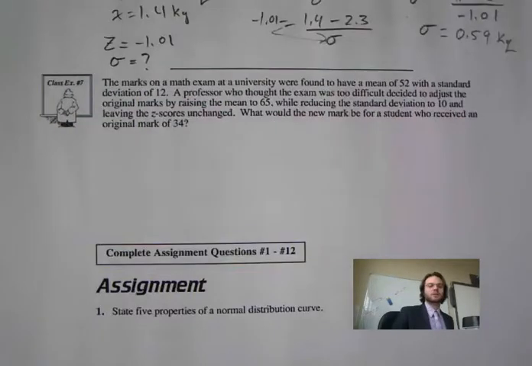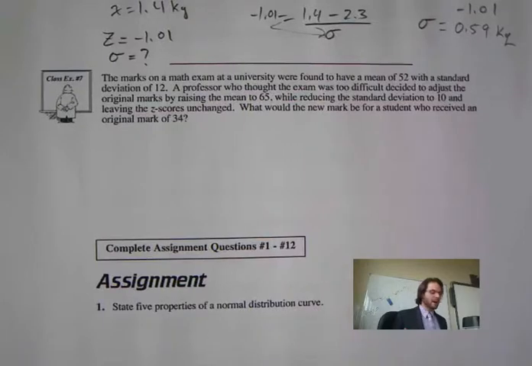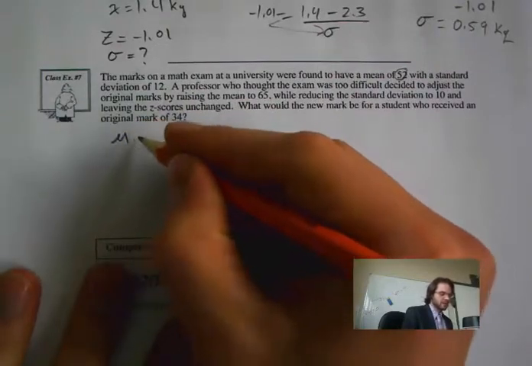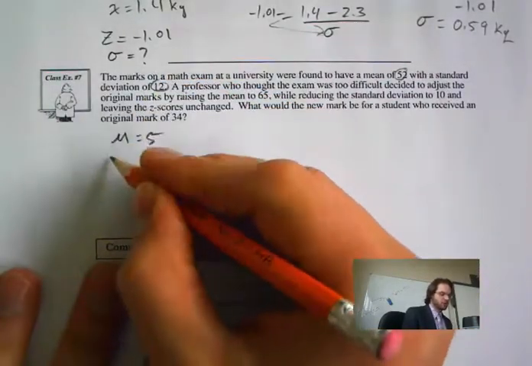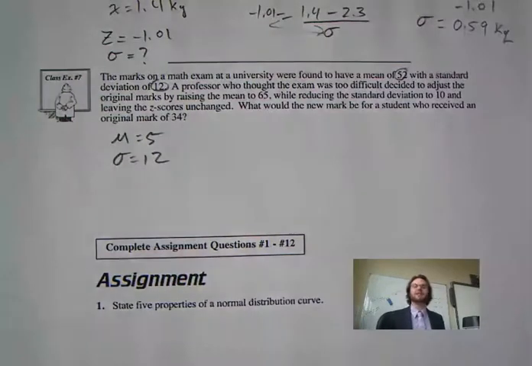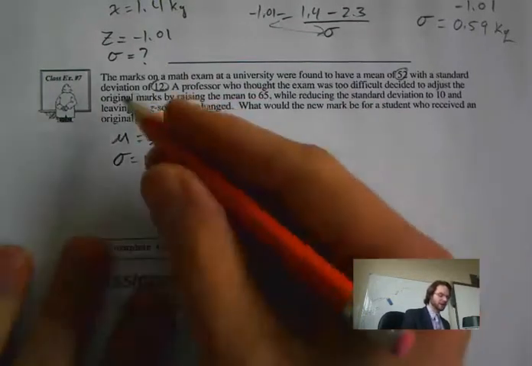So our last one here, we have a professor who gave a math test. He found the mean to be 52 and a standard deviation of 12. The professor thought this exam was too difficult, so he was nice and decided to adjust the original marks by raising the mean to 65.